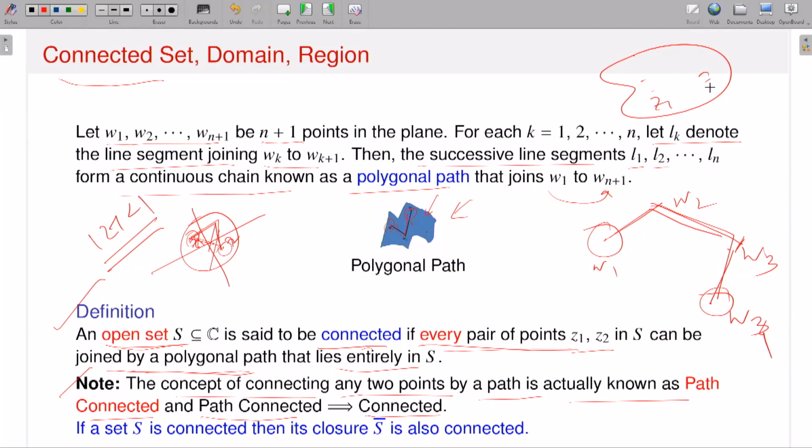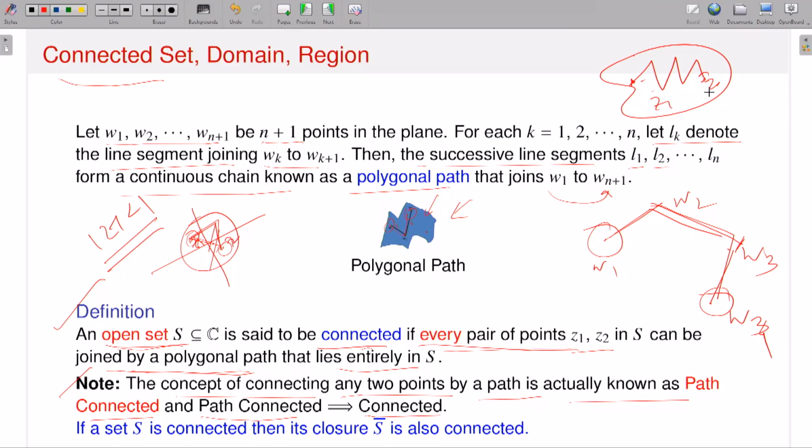Though I am saying it is connected, actually I am saying it is path connected. I have a set, I take two points z1 and z2, and I join them by a polygonal path. What I demand is that the path should also lie inside that set.